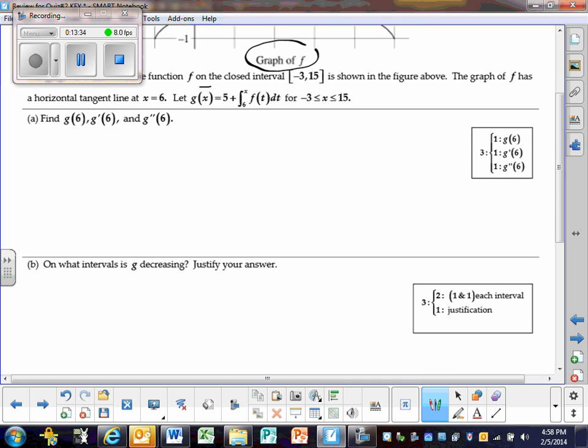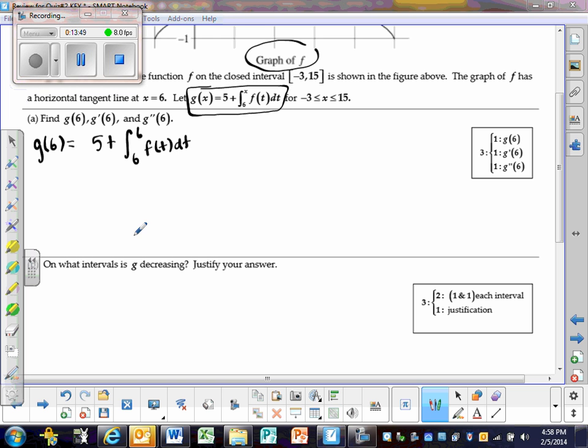Okay, g is defined by this integral. So if we're looking for g of 6, we're looking for 5 plus the integral from 6 to 6 of f of t dt. So I'm basically substituting into the equation where the x used to be.